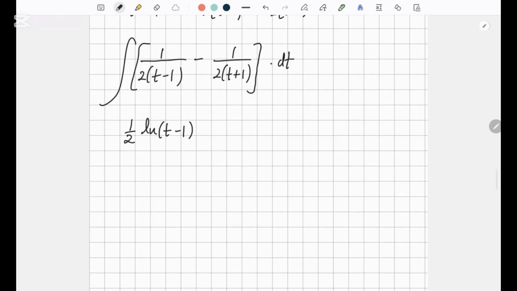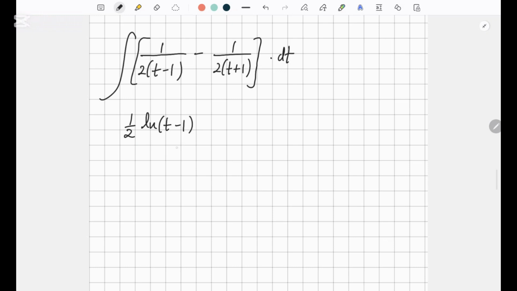If you want me to show it, differentiating this, you get 1 over t minus 1. Differentiation of what you have inside the ln function, t minus 1, is 1. And you just multiply it by half. So you can see you get the same exact thing, right? So half ln t minus 1 minus half into ln t plus 1.